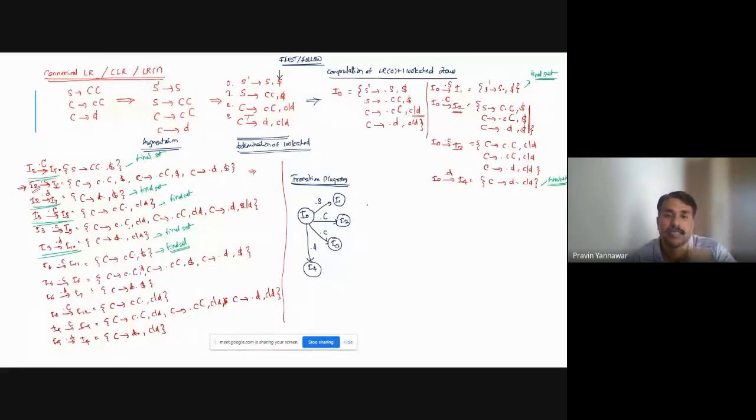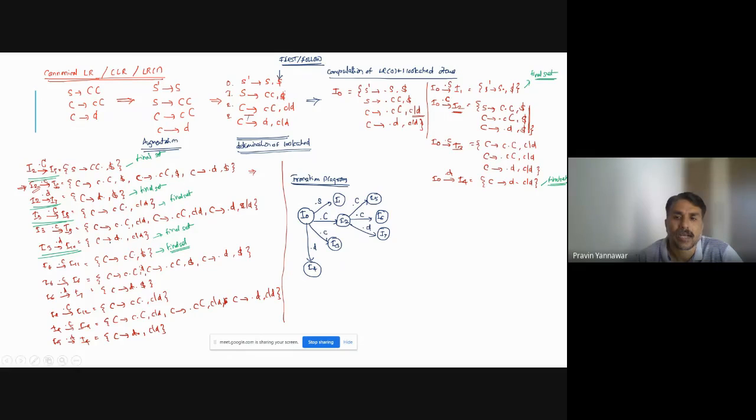So we have got this. Then from I0 we don't have anything. Okay, so I2 with dot capital C is giving me I5. I2 with small c dot small c is giving me I6. I2 with small d is giving me I7.